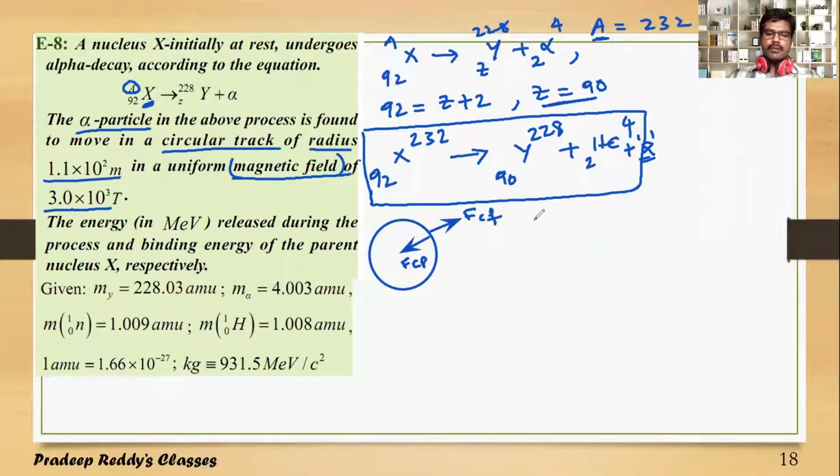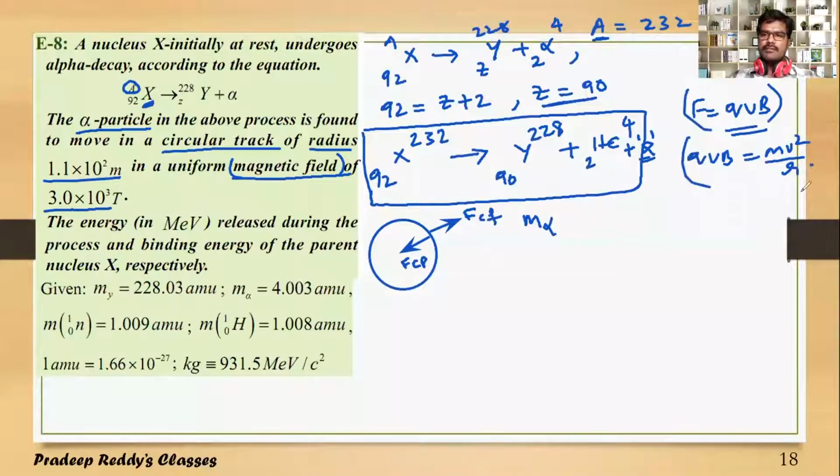Now I'll use this equation here. We have the relation F is equal to qvB. This is the formula which we learn in moving charges and magnetism. And qvB should be equal to mv square divided by r. This is the actual equation. We are now directly using the alpha particle in the case of m.